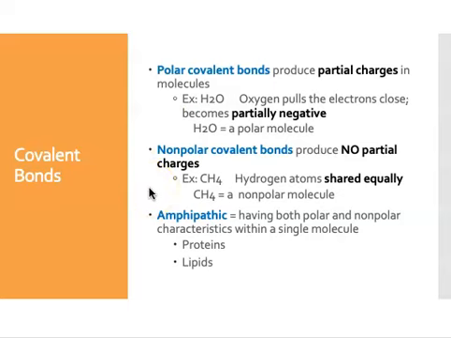Non-polar covalent bonds share electron pairs equally and so produce no partial charges. Methane is a great example of this. Methane is composed of one carbon atom and 4 hydrogen atoms. And because carbon and hydrogen have the same electronegativity, they're going to share the pairs of electrons equally in the covalent bonds.